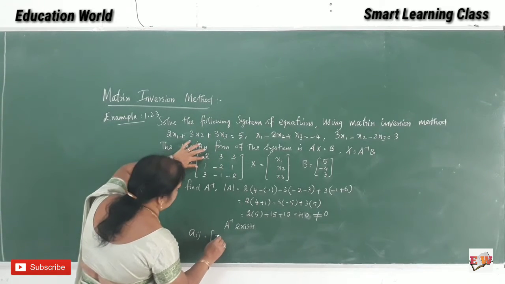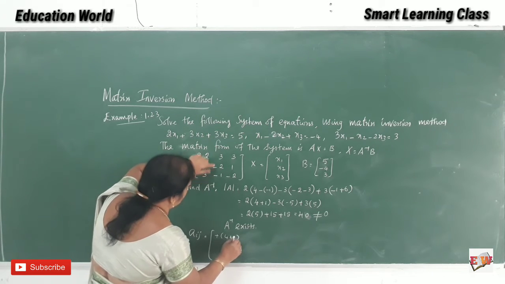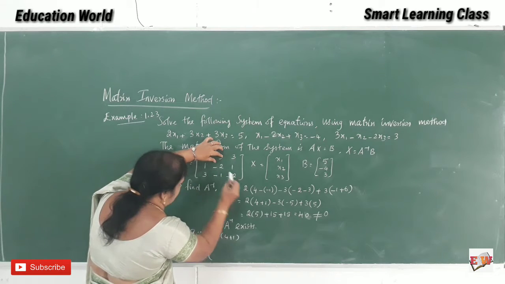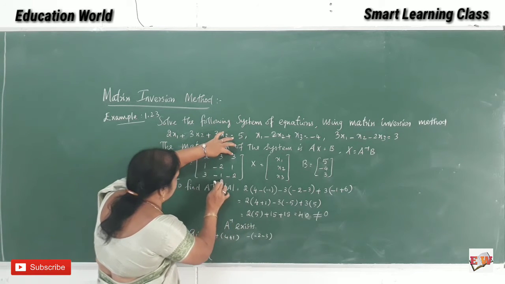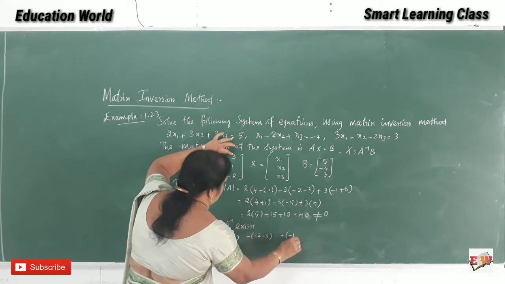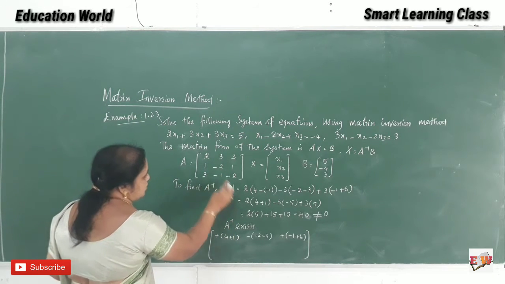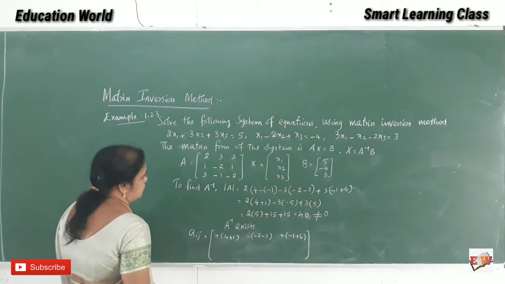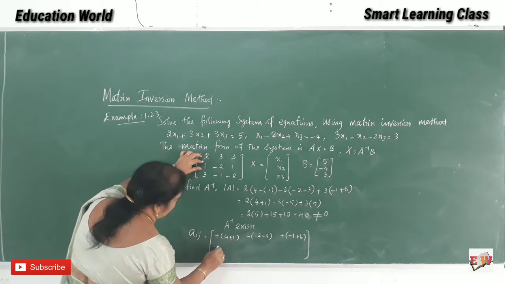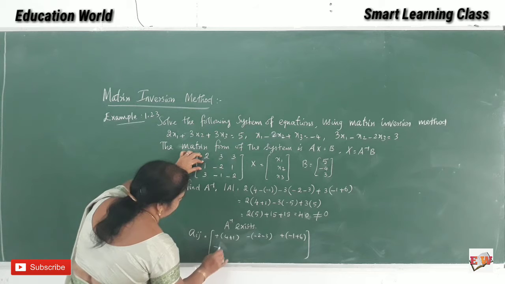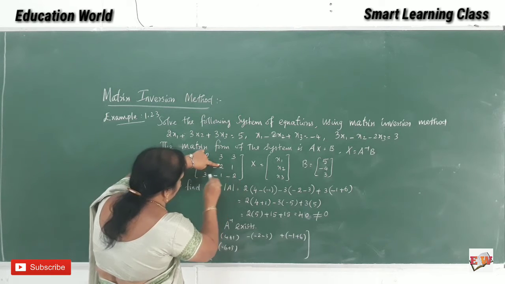For the first element, plus 2 into 2 is 4, minus into minus is plus 1. For the next, minus 2 minus 3, minus of minus 2 minus 3. For this entry, minus 1 plus 6. For this entry, minus 1, minus into minus plus 6. Second row, first column, minus 6 plus 3, then minus 4 minus 9.